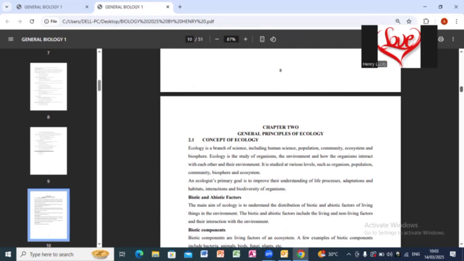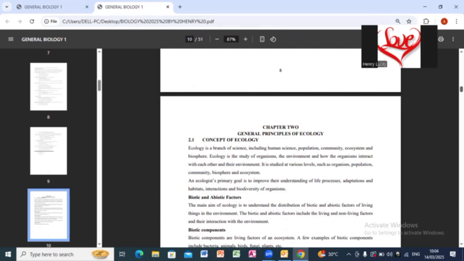Then the concept of ecology tells us that because it has to do with interaction with the living and the non-living components, we have two components of ecology, that is the biotic and the abiotic factors. The biotic factors are the living components of the environment where life exists, while the abiotic factors are the non-living factors.